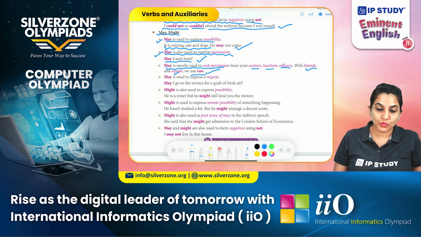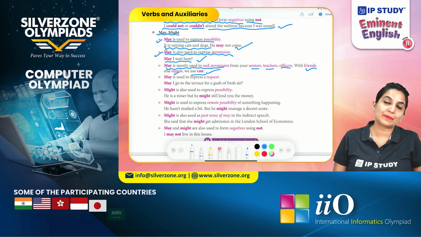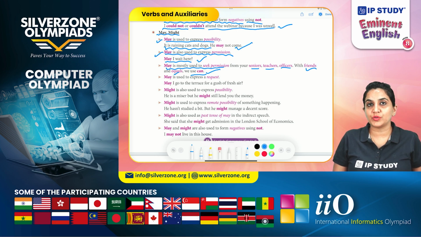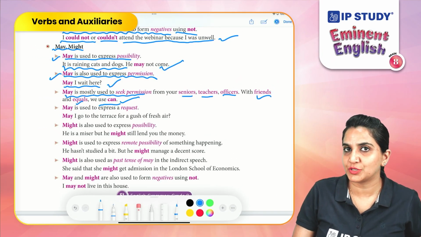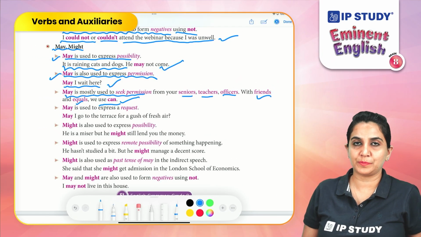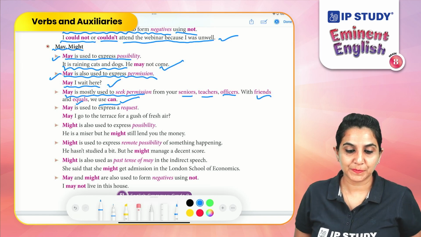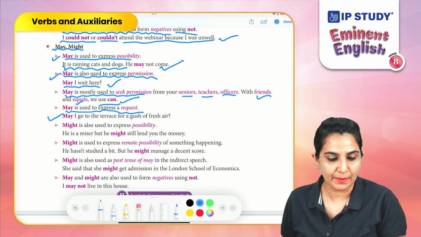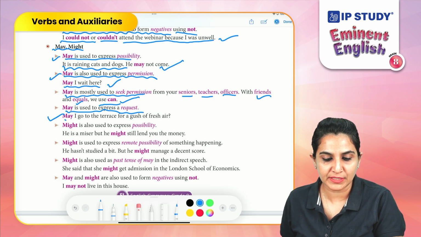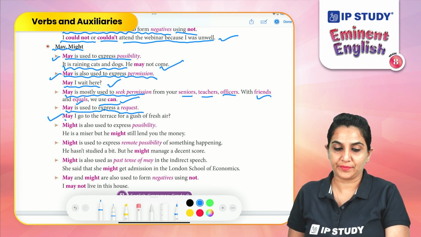Can is also used to ask permission, but it is often used with your equals or friends. May is a bit more formal form of seeking permission from your teachers, principals, or seniors. May is also used to express a request. For example, may I go to the terrace for a gush of fresh air?